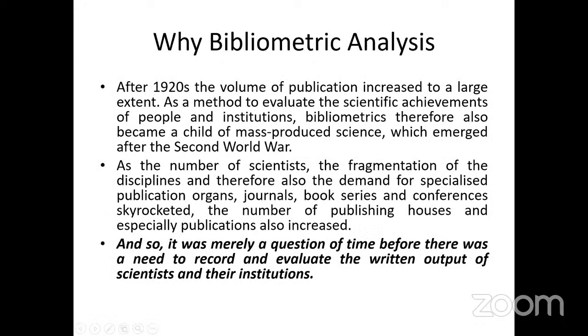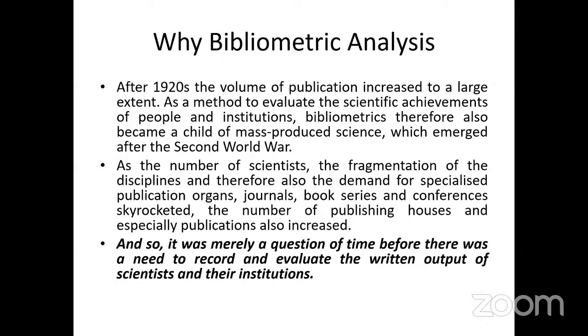From the 1920s, the volume of publication increased to a large extent. This paper inflation which we see at present in India, the same inflation happened in European countries in the 1920s, 100 years before. As a method to evaluate the scientific achievements of people and institutions, bibliometric science was introduced.